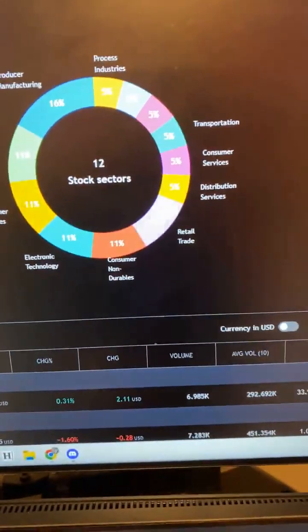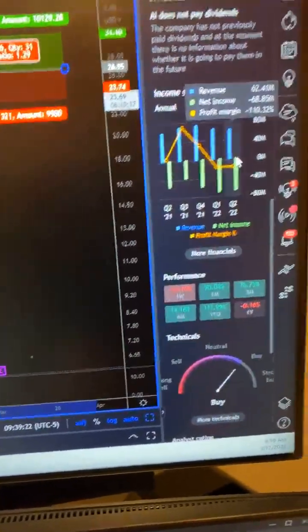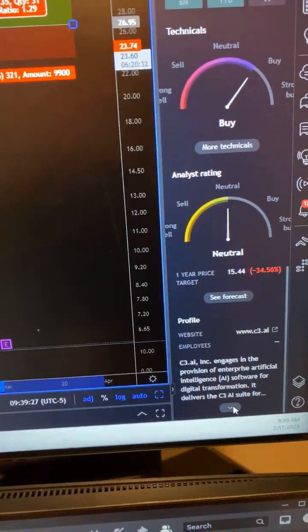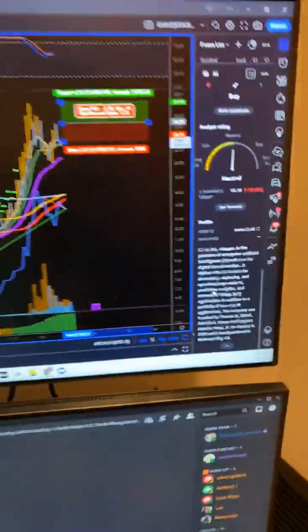Oh, that's looking at all the different tickers there. But yeah, you could start to see some of the fundamental information over here on the curve. Gives you some information about the company. So basic fundamental information like that you could get on TradingView as well. But for me, I like MarketSmith. It makes life a lot easier, at least for the screening part.